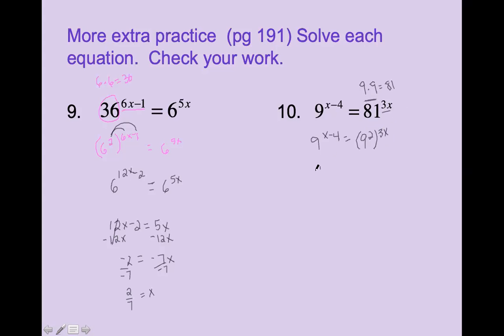So now I have my 9 to the x minus 4 equals 9 to the 2 times 3x would be 6x. Remember the power rule, if one's on the inside, one's on the outside, you multiply. Now I have the same base. I can set those exponents equal to each other.